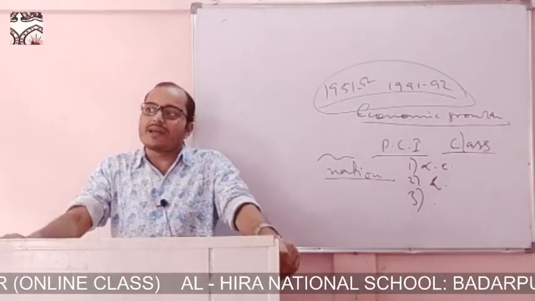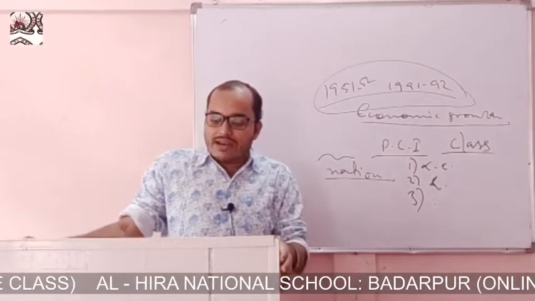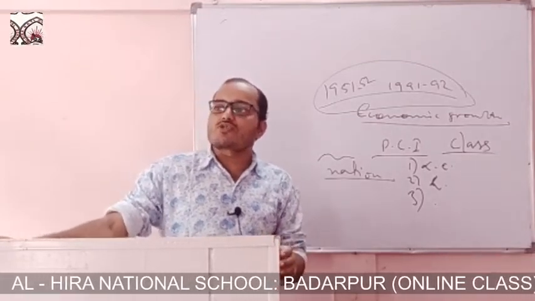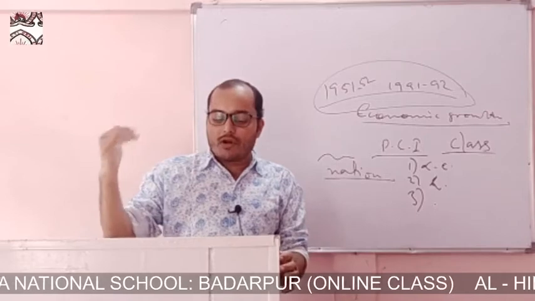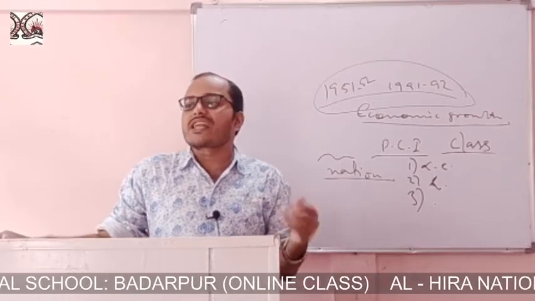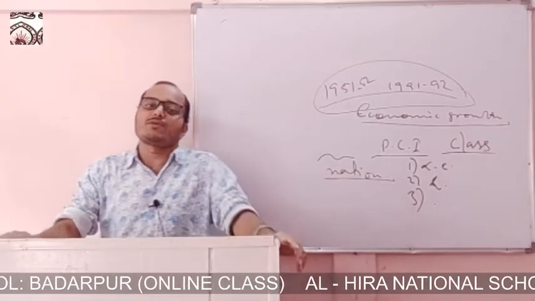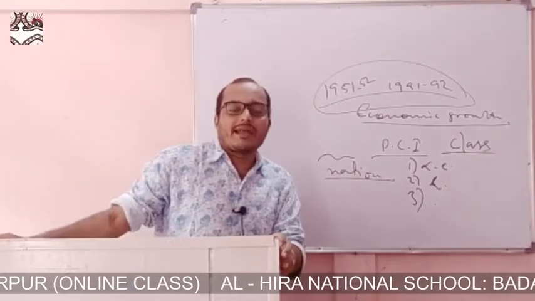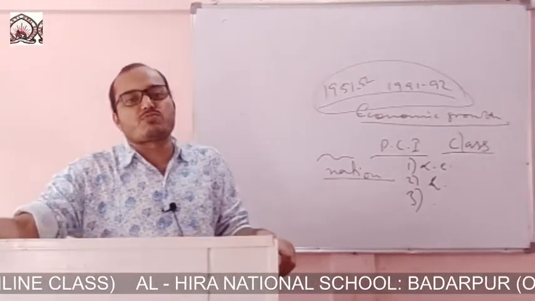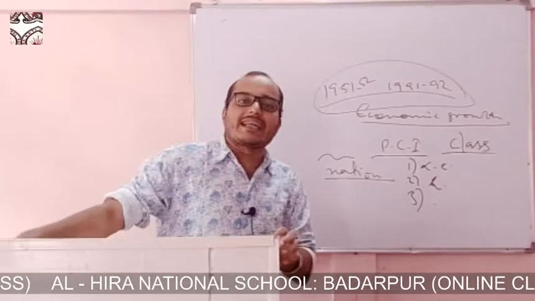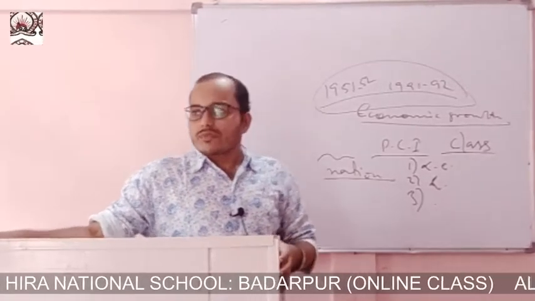Now, to raise the annual rate of growth of agriculture from 6 to 8%, the government would try its best to take all possible measures to increase the annual growth rate from 6% to 8%. This is agricultural growth. Why?